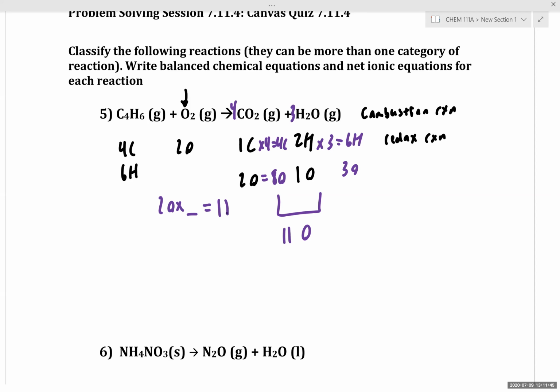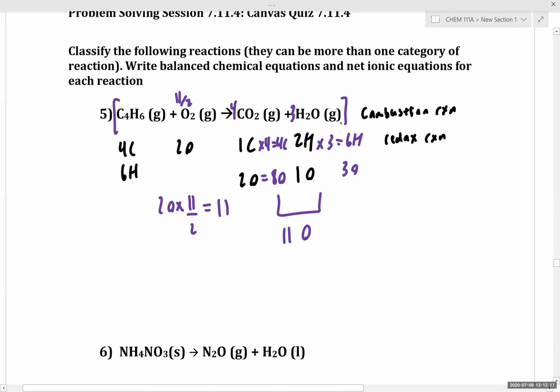So what fraction are we going to guess for oxygen's coefficient? (11/2), exactly right.